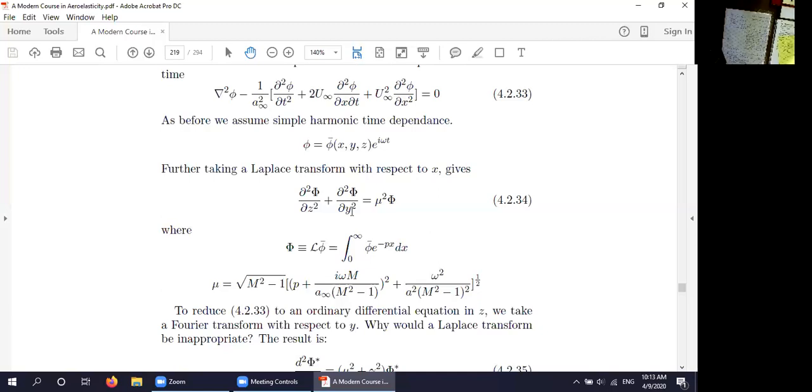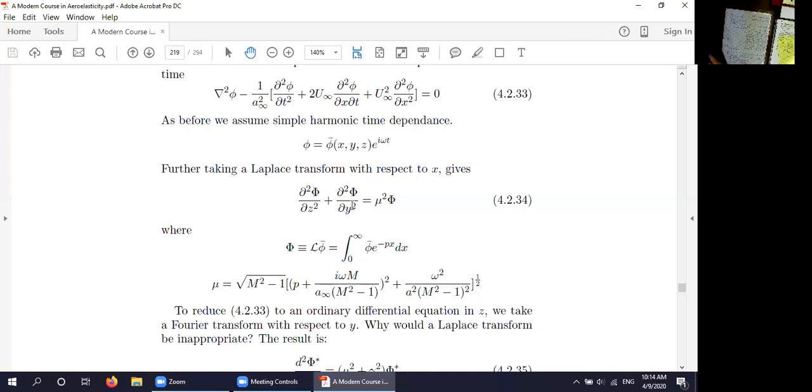And again, remember that a Laplace transform is a special case of a Fourier transform. So the general rule is when in doubt, use a Fourier transform, but it turns out a Laplace transform has done the job before. Well, the Fourier transform will do the job too. But it's, of course, more efficient to use a Laplace transform if you know that's going to do the job.